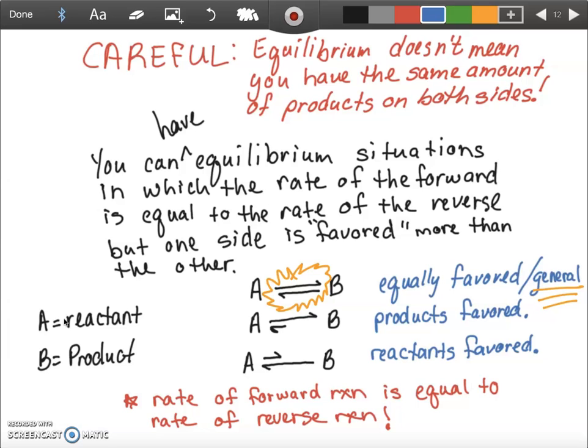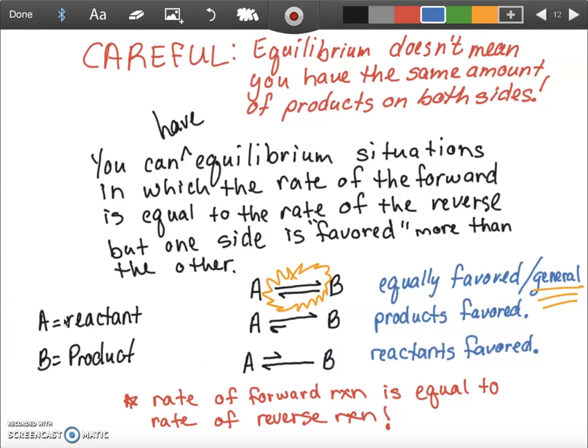And then the reverse case of that is in which the reverse reaction is favored, so the backwards arrow is longer than the forward arrow to indicate that the reactants are favored. The rate of the forward reaction is still equal to the rate of the reverse reaction. You will just end up with more reactant in this situation than you will product.